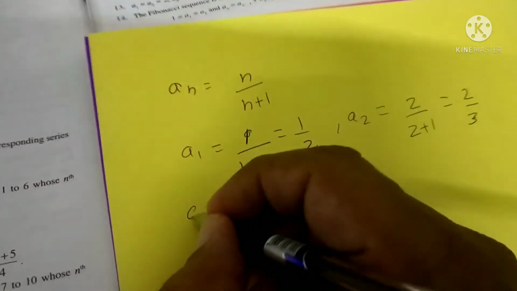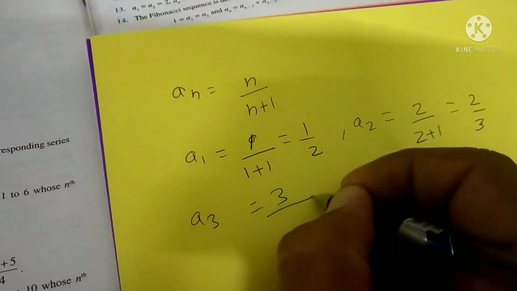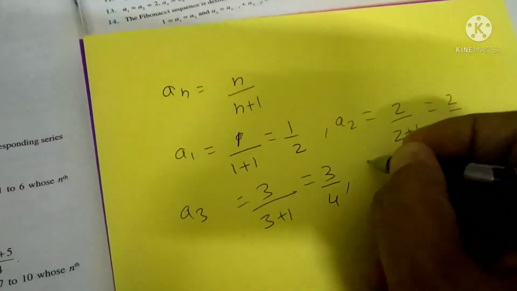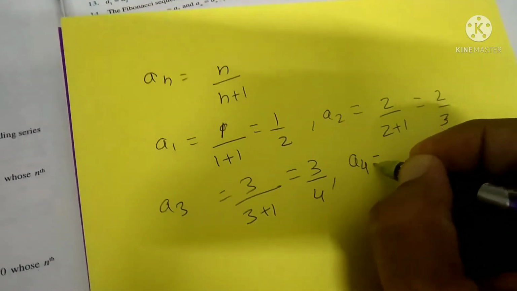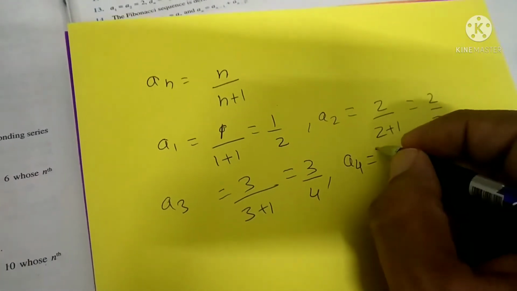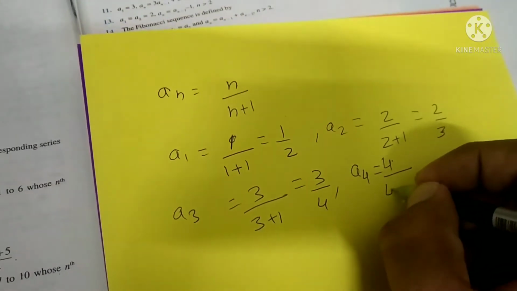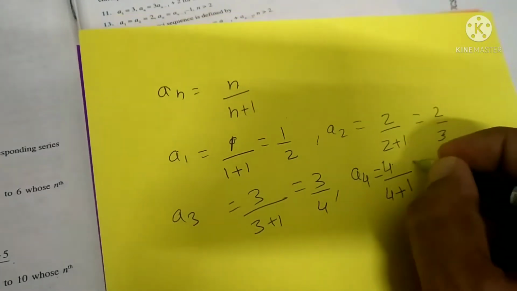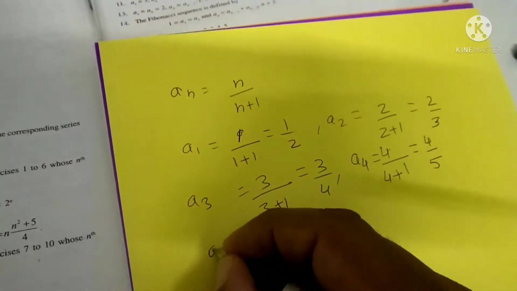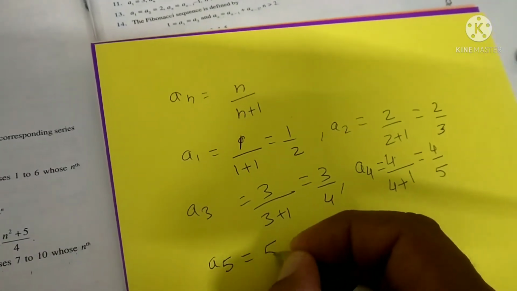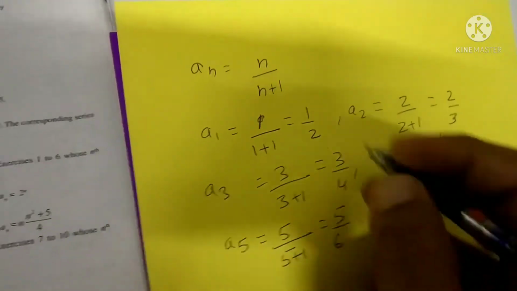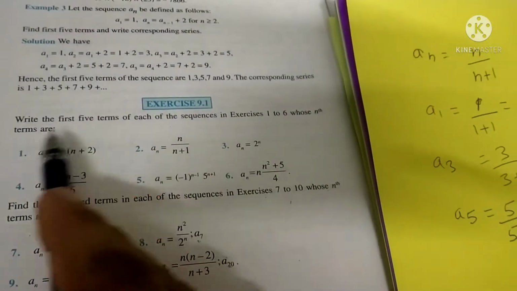And the third term will be 3 by 3 plus 1, that is equal to 3 by 4. And the fourth term, n is equal to 4 लगाना है हमने, यहाँ पे 4 रखना है: 4 by 4 plus 1, so this is equal to 4 by 5. And now the fifth term will be a5 is equal to 5 by 5 plus 1 is equal to 5 by 6. So these are the first 5 terms we find.